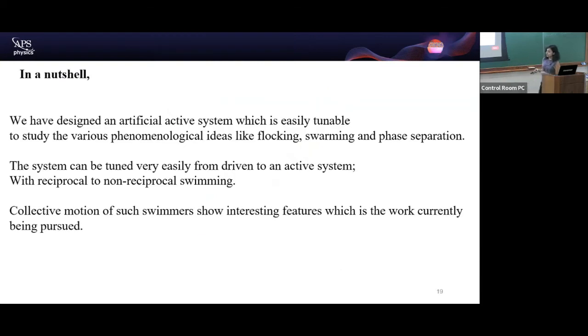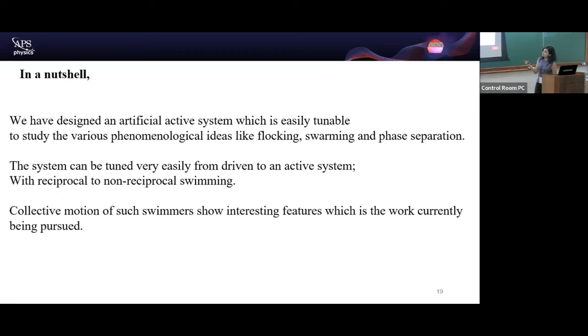So in a nutshell, we have designed an artificial system which can be easily tuned for the activity. It depends on how fast you are changing your field, and how many cycles per second you're using, which determines your activity. These kinds of systems, when used in large numbers, give you really interesting patterns, which we are currently investigating.